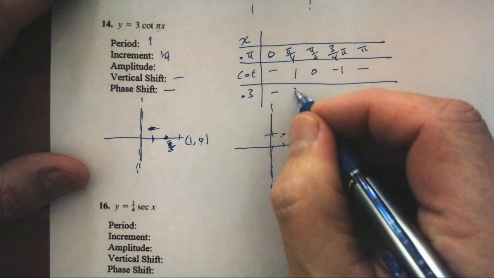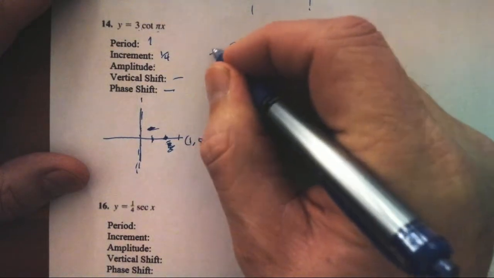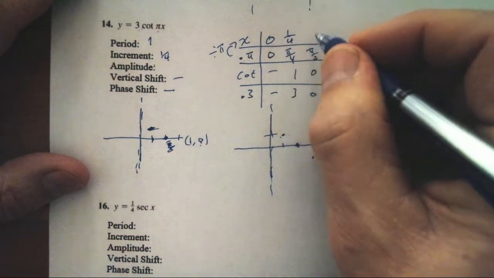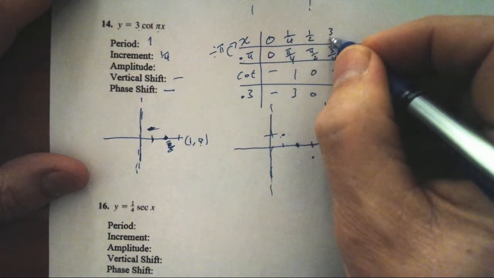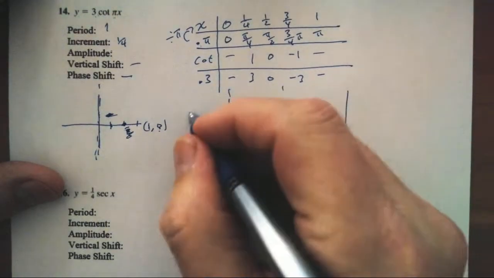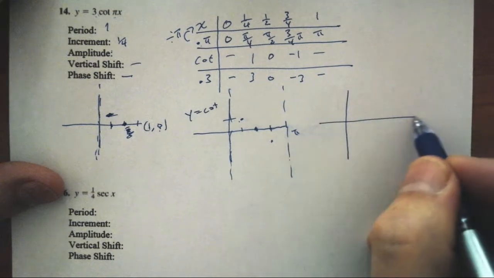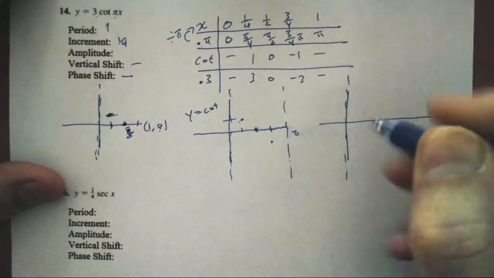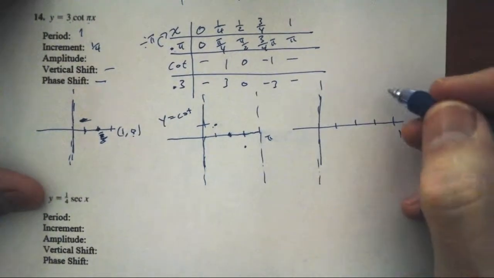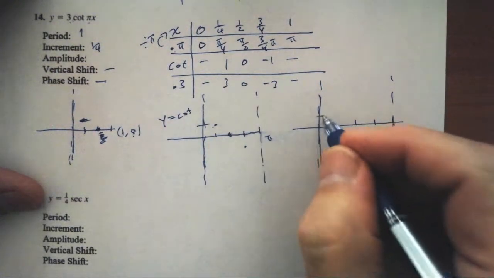And now we get undefined, 3, 0, -3, undefined, and upward we divide by pi, and we just get 0, 1/4, 1/2, 3/4, and 1. So the graph we're looking at, this is plain old y equals cotangent. The graph we're looking at goes from 0, let's see, 1/4, 2/4, 3/4, 1, just plain old 1.